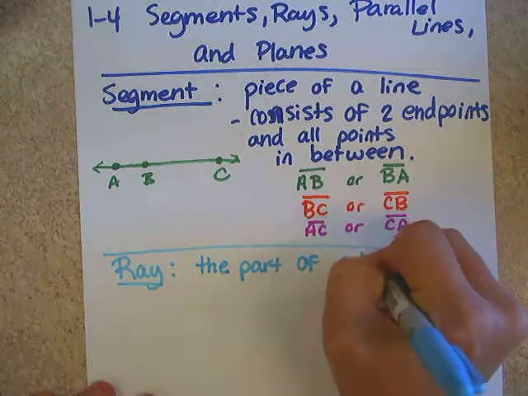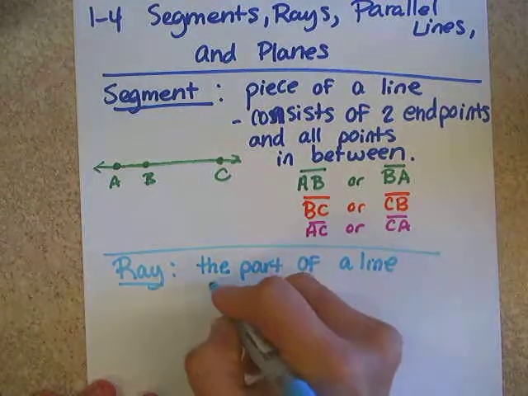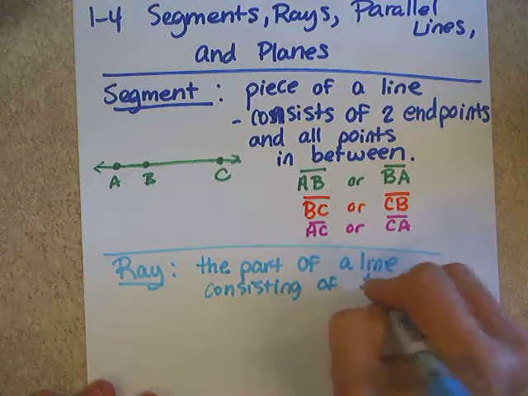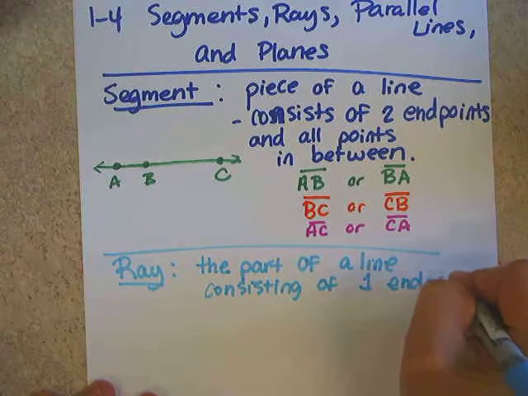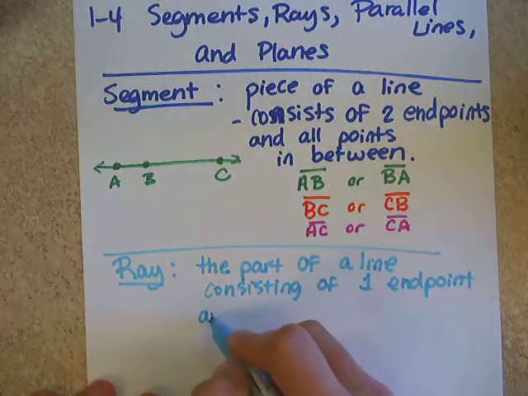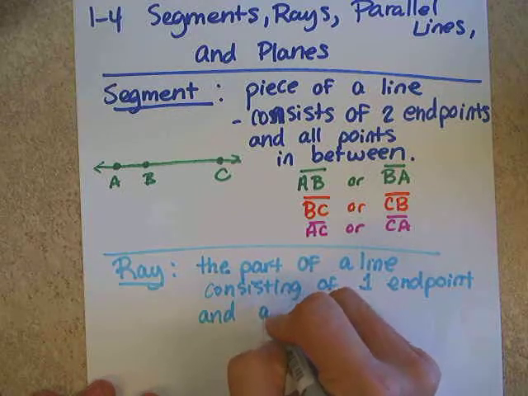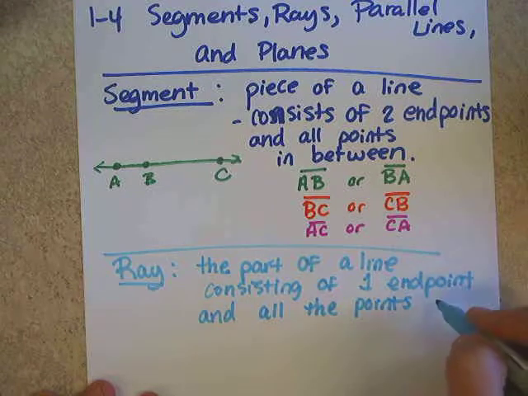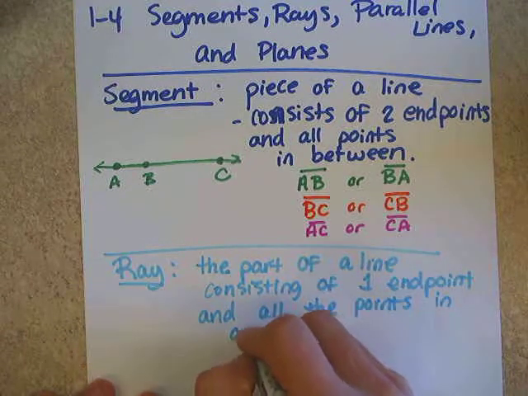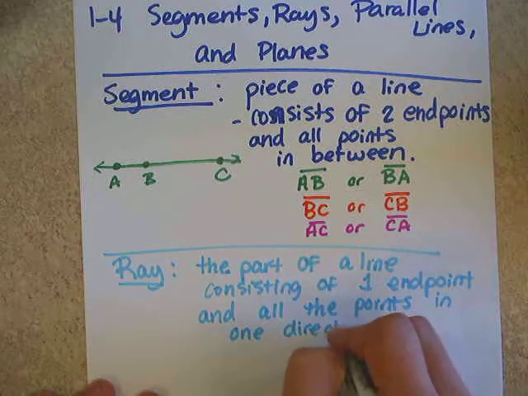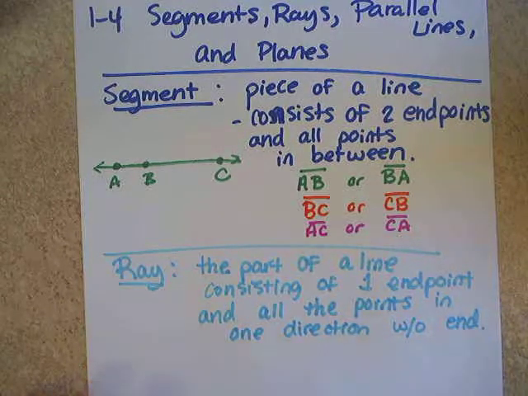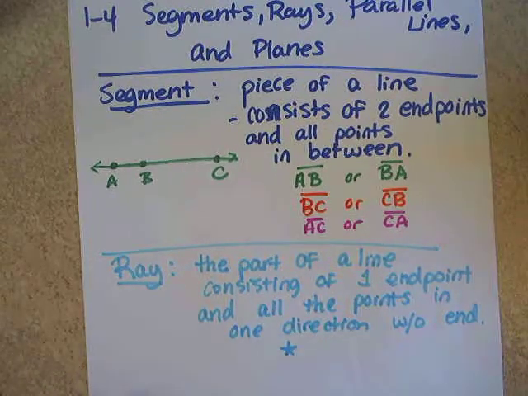So a ray is the part of a line consisting of one end point and all the points in one direction without end.